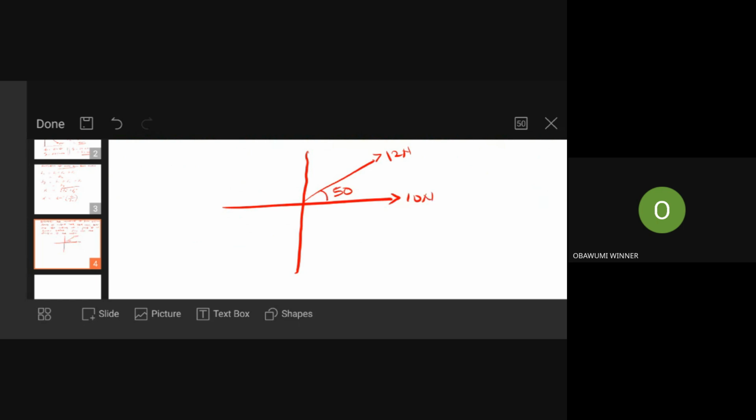They now give another force here, which is inclined at angle 30 degrees, and they call that 15 Newton. And then they give another force here, inclined at an angle 40 degrees, and they call that force 20 Newton.